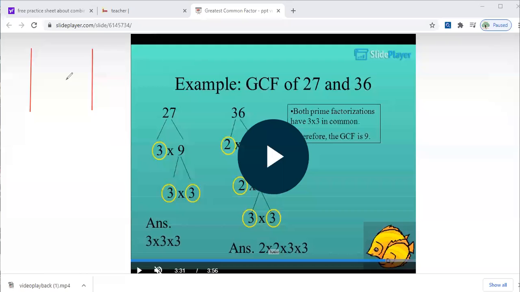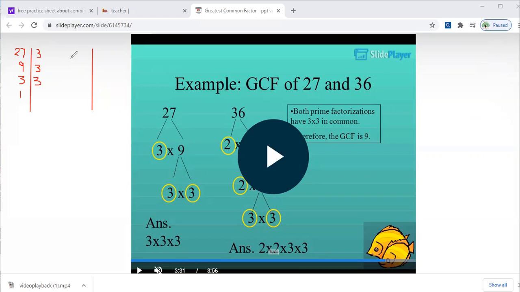For 27: 27 divided by 3 equals 9, divided by 3 equals 3, divided by 3 equals 1. So this is the prime factorization of 27.